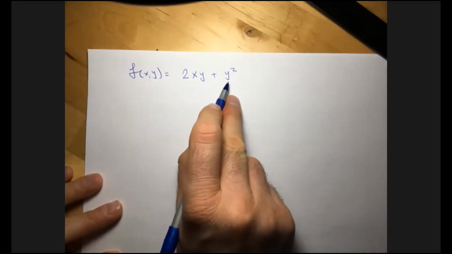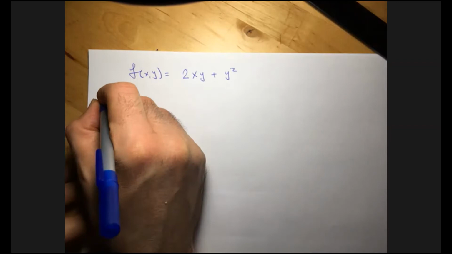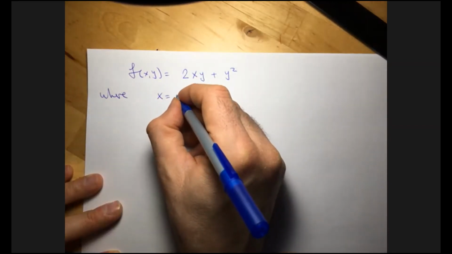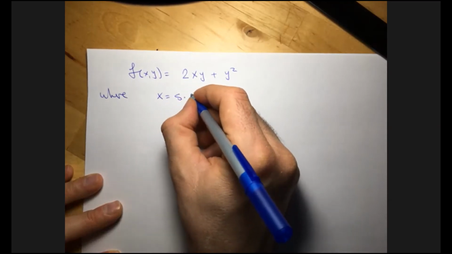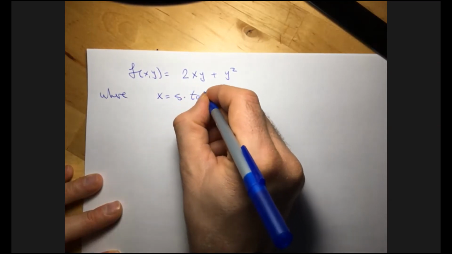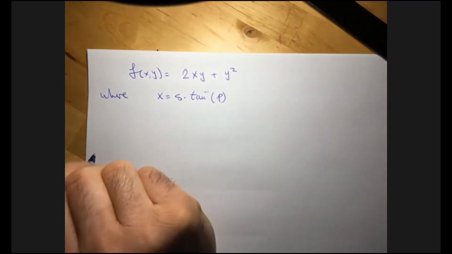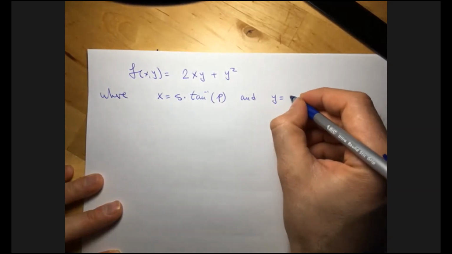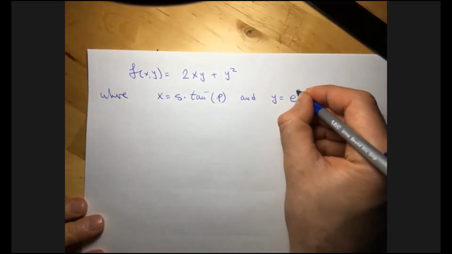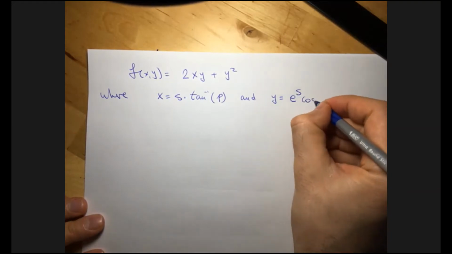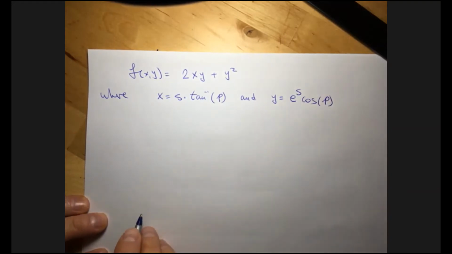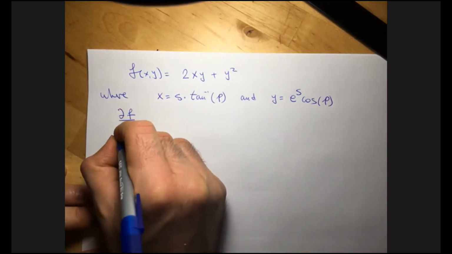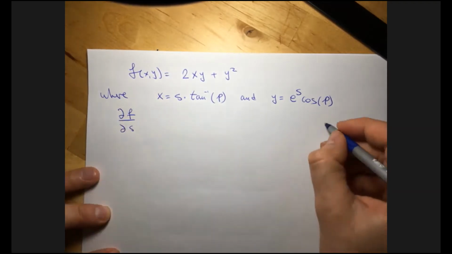Easy problem, where x is equal to s times arctangent of p, and y is equal to e to the power s times cosine of p. Okay, so now if the question is how much is partial f partial s, what do we have?